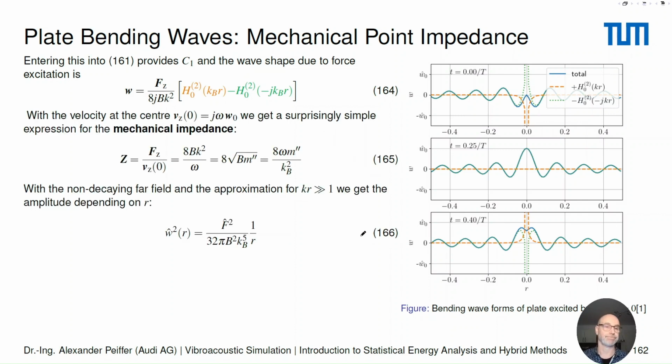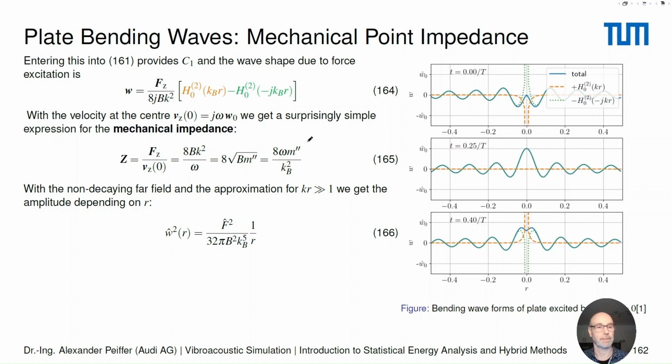Good. However, the thing is that even though a plate equation is quite a complicated equation with dispersion and so on, the formula for the mechanical impedance is extremely simple, because that's the relationship of the force in that direction divided by the velocity in that direction.